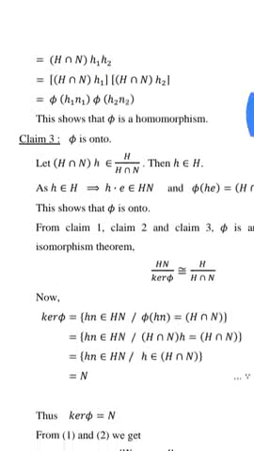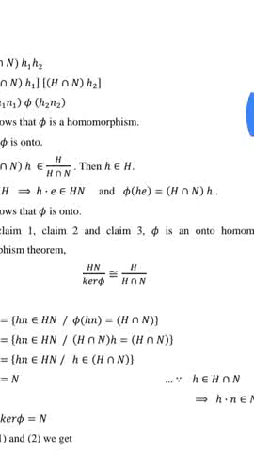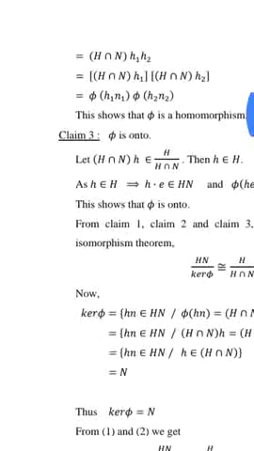Now we have to prove that phi is onto. Let H intersection N times h belong to H divided by H intersection N. Then h belongs to H. As h belongs to H, h belongs to HN, and phi of h is equal to H intersection N times h.